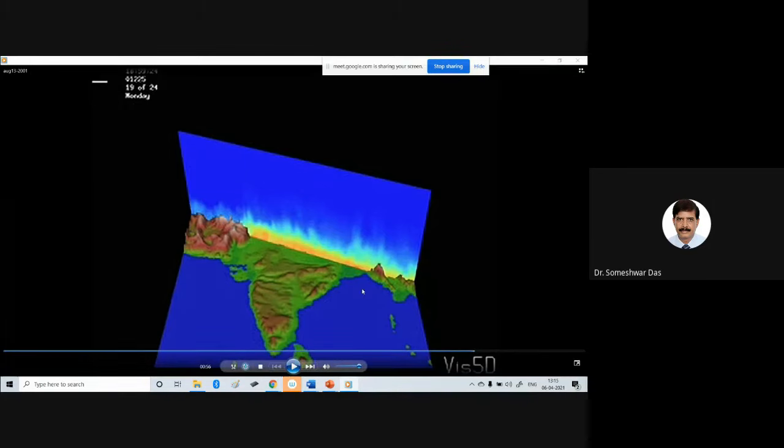Now, what you are seeing is basically a vertical cross section during an active phase of the monsoon, across, say, from Afghanistan to this side, the northeastern part of India and Myanmar. Okay, vertical cross section.